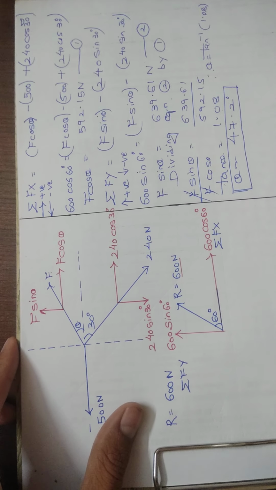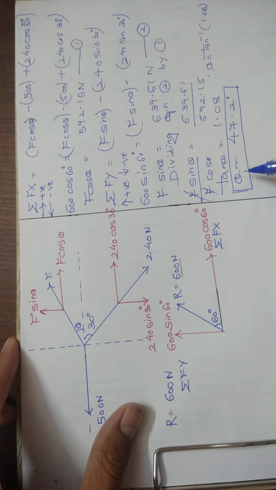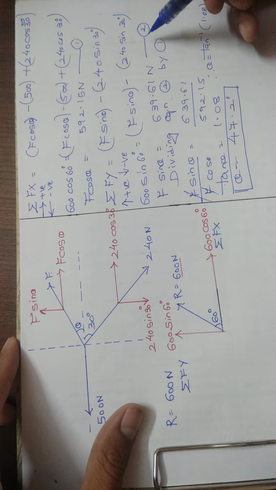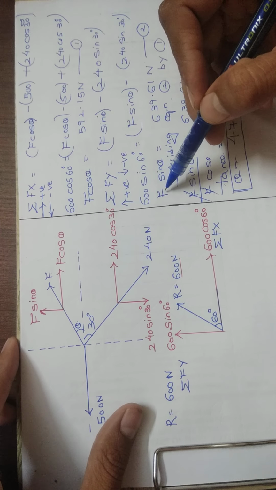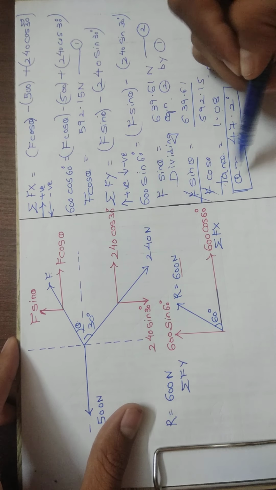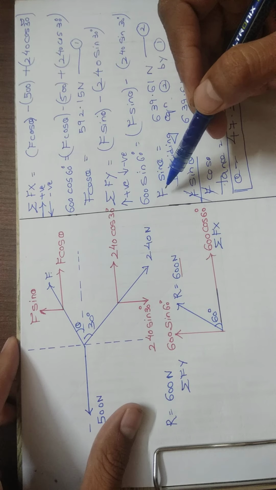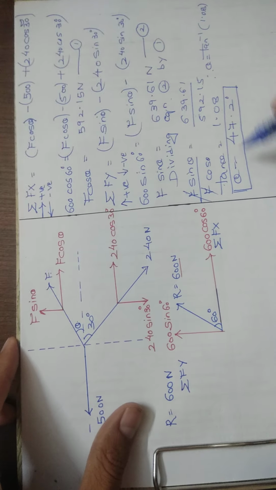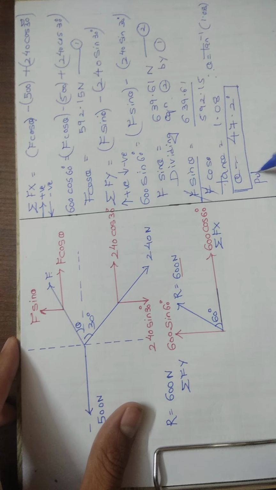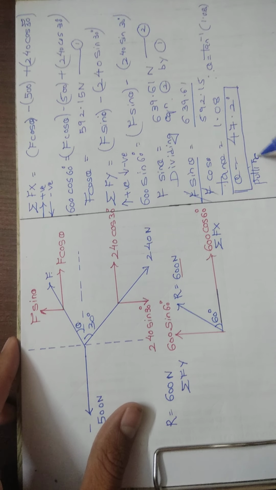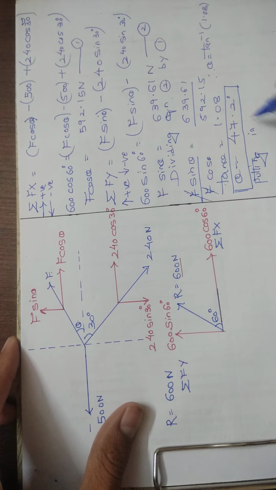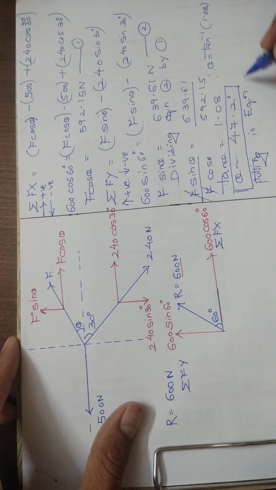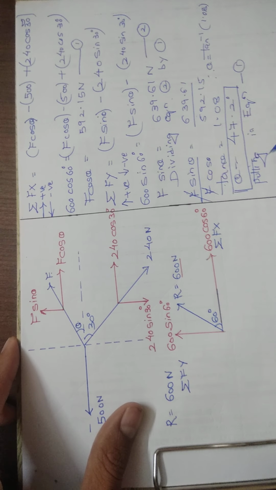Okay, next we can put this value in any one of the equations, 1 or 2, because we have to find the other unknown, F. The first unknown we have calculated as theta, the other unknown is F. In both cases we can find it, and we can also check. You can put the value in both equations, but I am putting the value in 1.